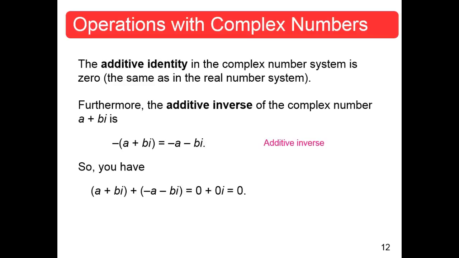So there is an additive identity in the complex number system, and that's 0, same as in the real number system. Okay, what that means, if you add 0 to any complex number, c plus di or a plus bi, whatever, add 0 to it, you still get the same number, additive identity. Furthermore, there's an additive inverse of the complex number a plus bi, and that would be, any guesses?